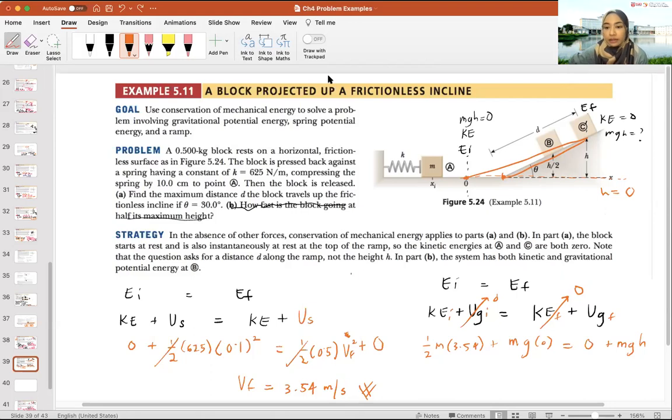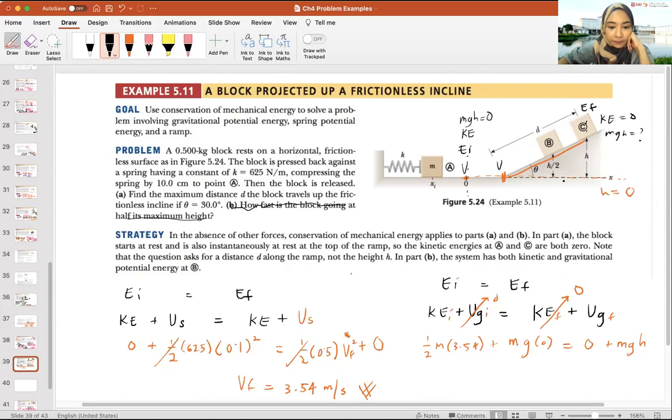Kalau kita nak start dari sini, what would be different about our equation? If I'm starting here, my V is 3.54 and this is my KE over here and I am going to convert it into MGH. If I start my EI from here, what would change? Apa yang akan berbeza kat sini? Any guesses? Adakah V kat sini sama dengan V kat sini?